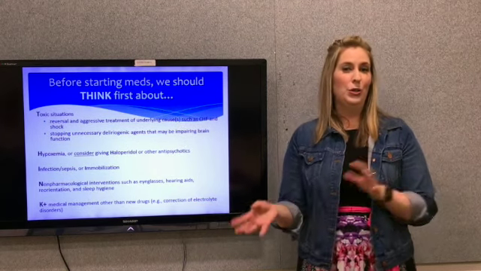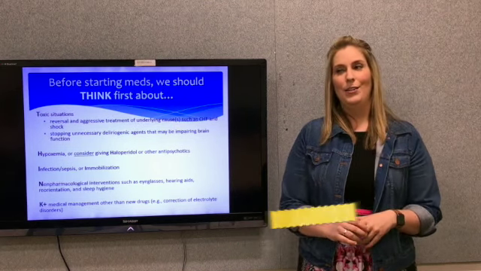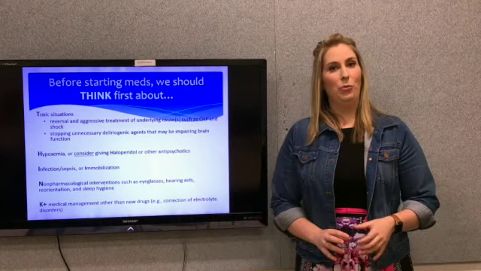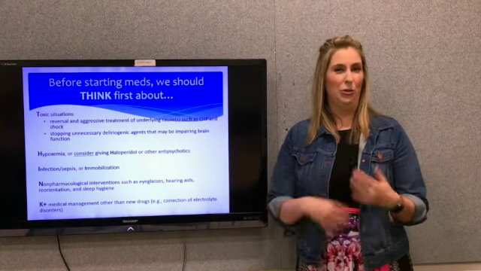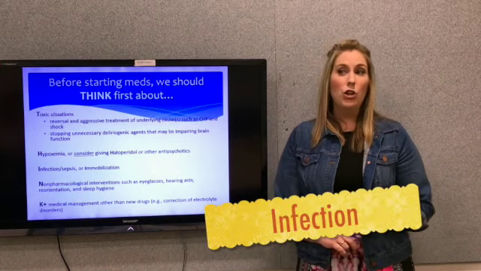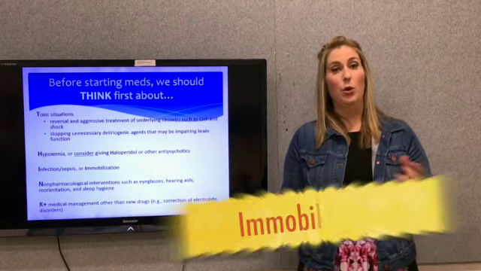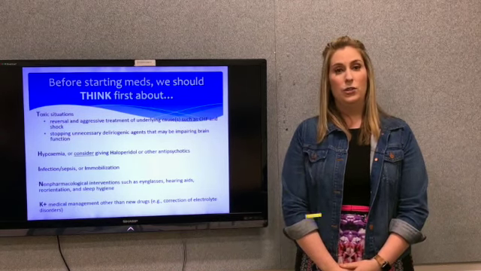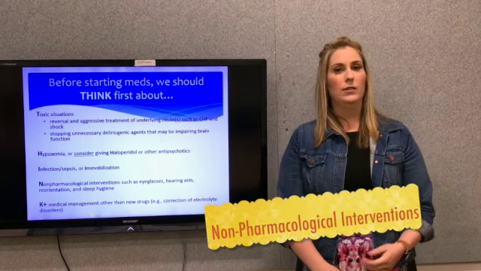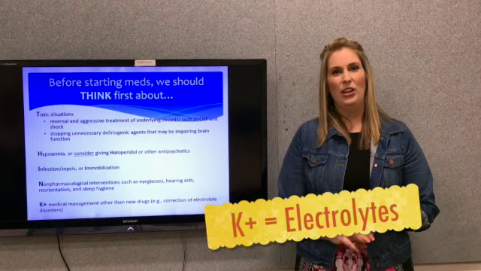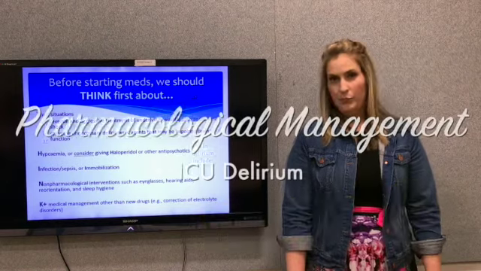It also has been noted in some documents as haloperidol, but you want to think about that before giving that right away, because there might be other interventions you can do first. I is trying to see if there's an infection going on, or if you need to mobilize this patient, maybe they've been immobile for too long. N is the non-pharmacological interventions, which we just talked about, eyeglasses, sleep-wake cycle. And K is electrolyte disturbances.